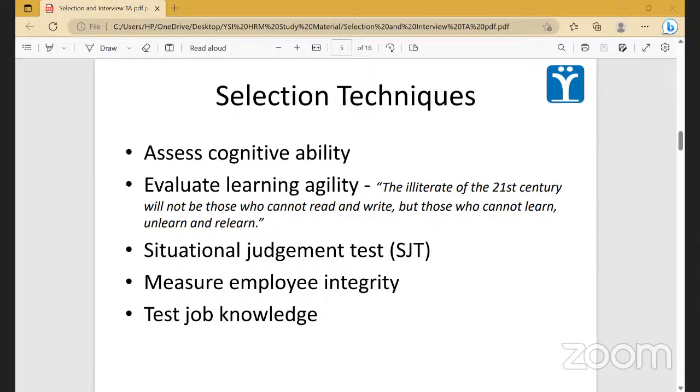Your test can be designed like that. So different job roles can have different functional tests, just to check whether the person has job knowledge or not. Most of the organizations, especially in the IT sector or IT-related sector, usually do that.